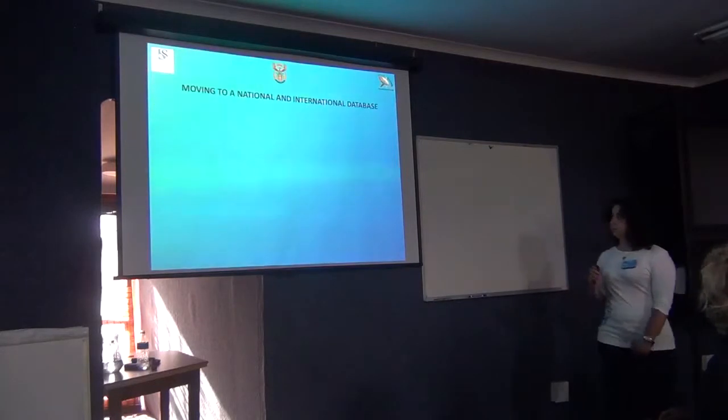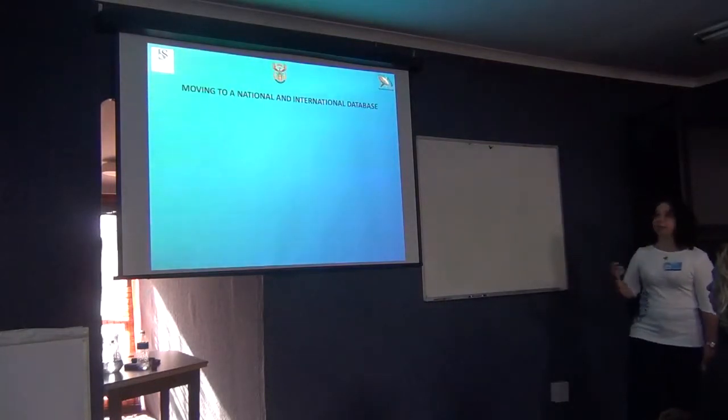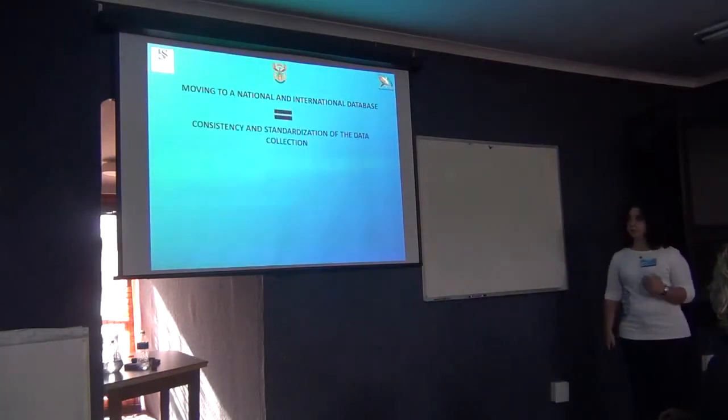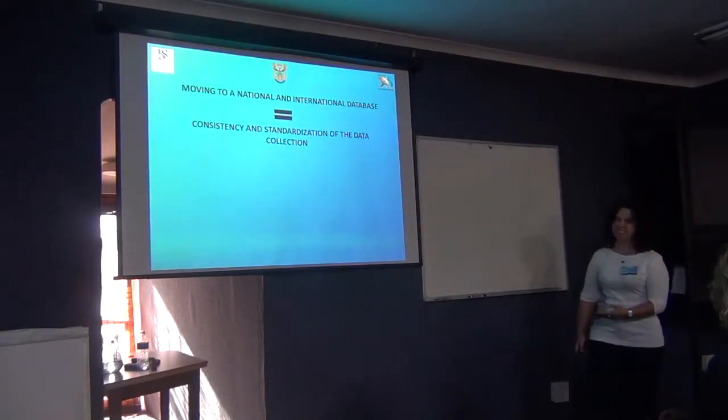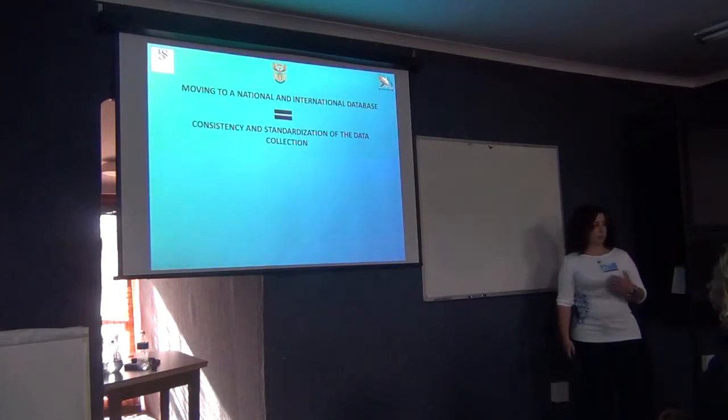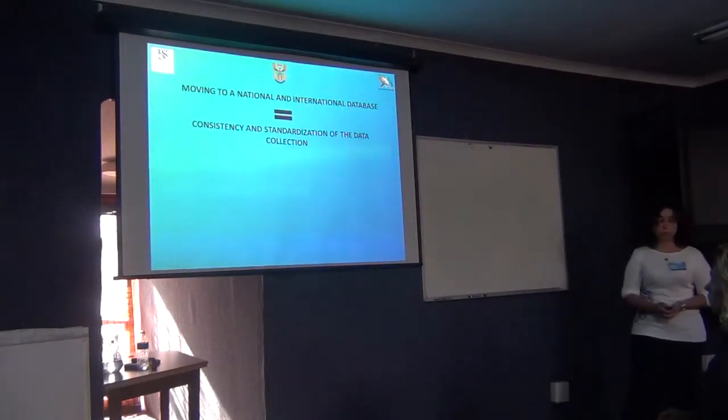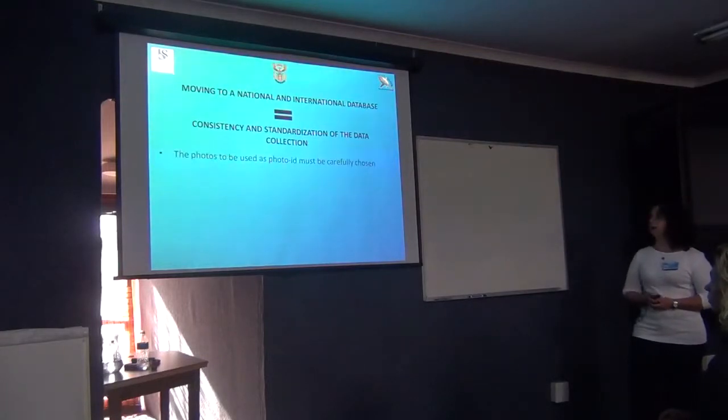So, to move towards a national and international database means that we will need consistency. It means that we have to start to standardize the data we are collecting on this species.